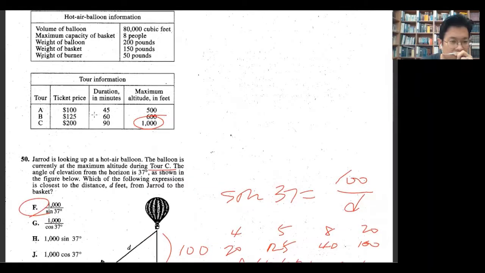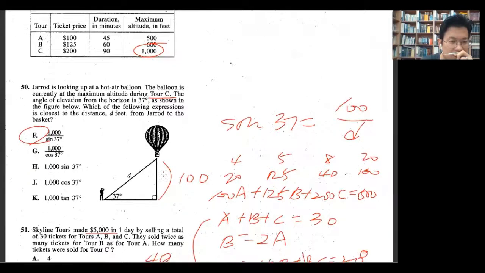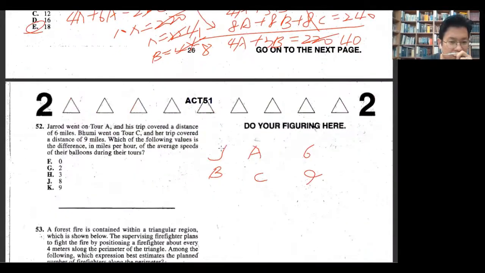So the duration of A is 45 minutes and C is 90 minutes. Speed means distance over time.